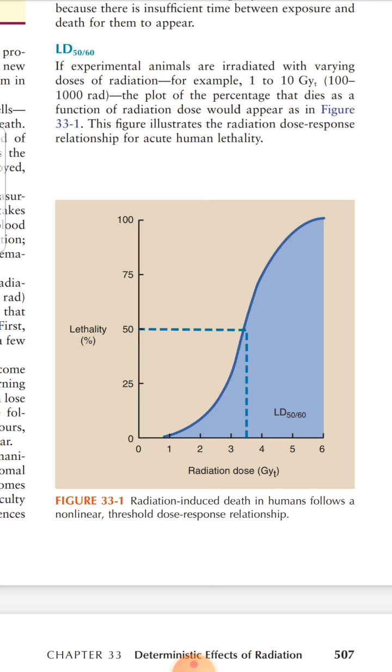Those were LD 10/60 and LD 90/60. We were not changing the survival time, we were changing the lethality rate to 10% and 90% in LD 10/60 and LD 90/60.